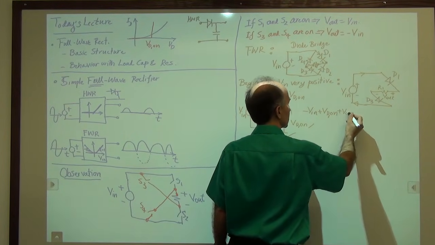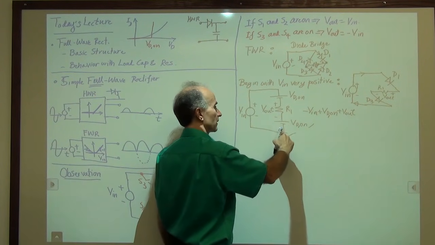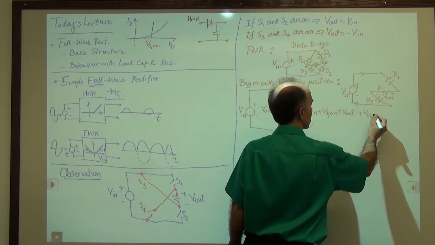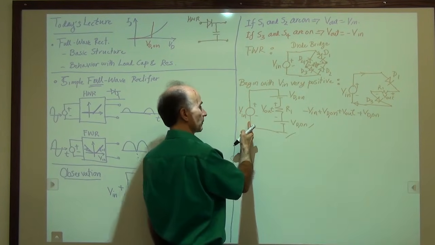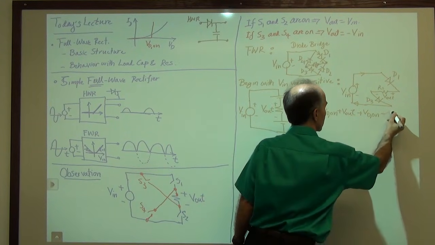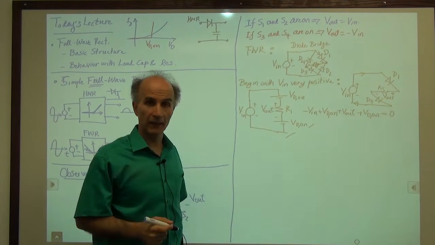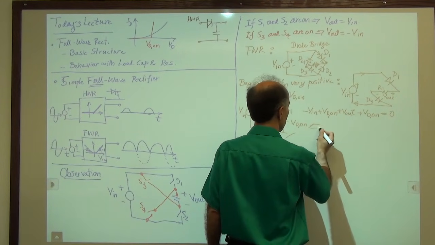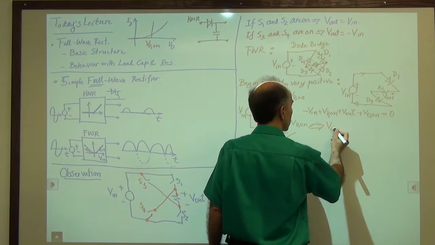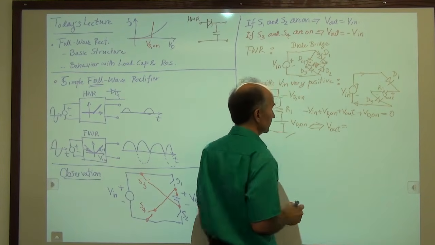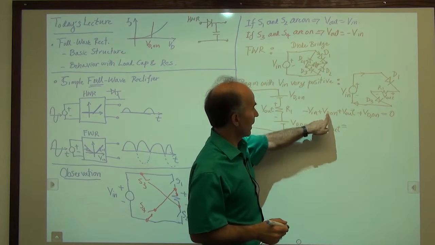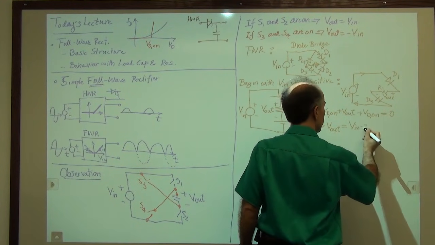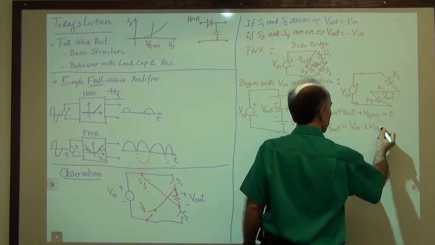Going down here, plus VD on. We'll go back to the bottom terminal of the voltage source, so that's 0. That's our KVL. That tells us that V out is equal to V in minus 2 VD on.